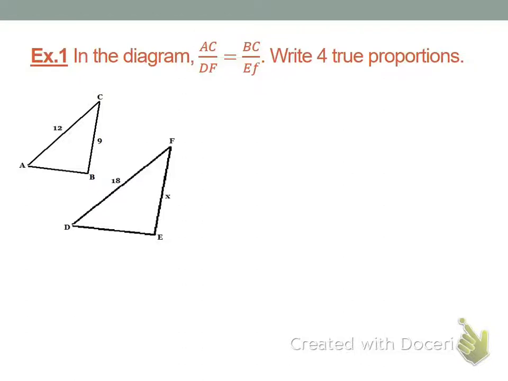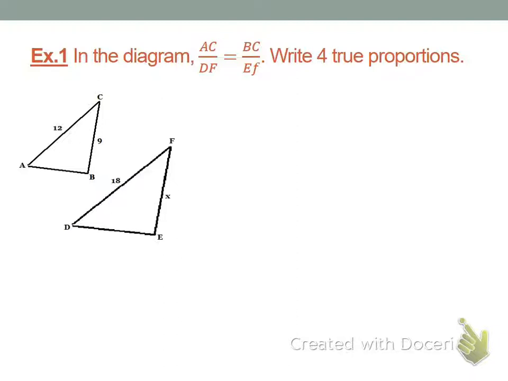In the diagram, AC to DF is equal to BC to EF. Write 4 true proportions. So we'll go ahead and use the numbers they gave us instead of using all the AC, DF, BC, EF.